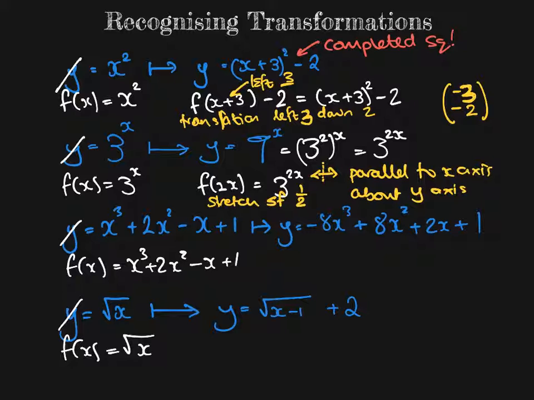Okay, third one is tricky, but you just have to look at it and think, well, what am I looking at here? f of what? And then what? Like with the completed square, what has been put into this function to produce the thing that I'm looking at? So let's see what happened.